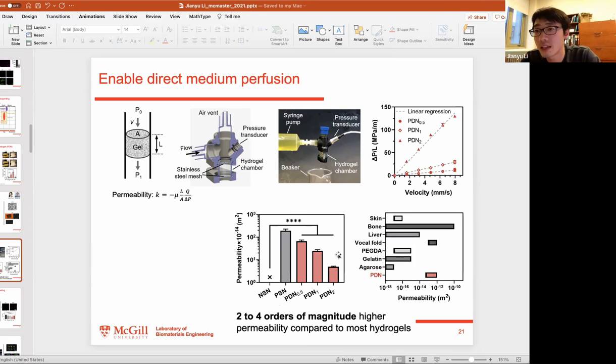They still have a micro scale, but it's smaller compared to the pore size of our material. But in that case, they all enable convection of the water instead of diffusion. What we're including here, the PEGDA, the gelatin and the agarose, all have a nanometer scale pore. They're super small. In that case, only diffusion is allowed, so the permeability is much lower.